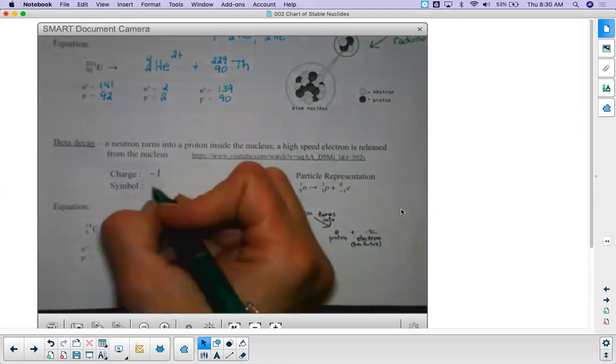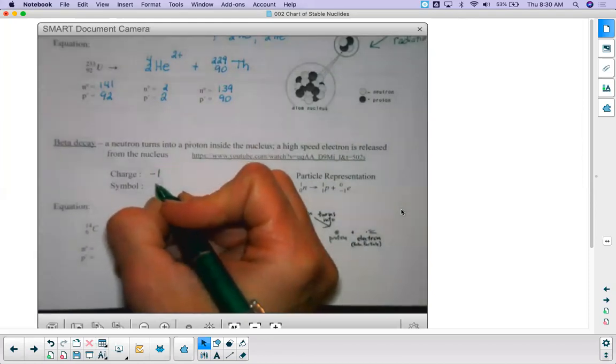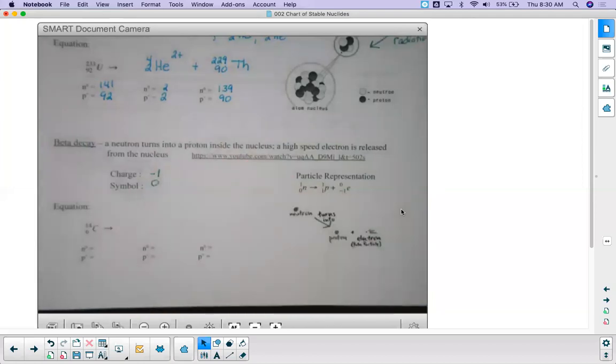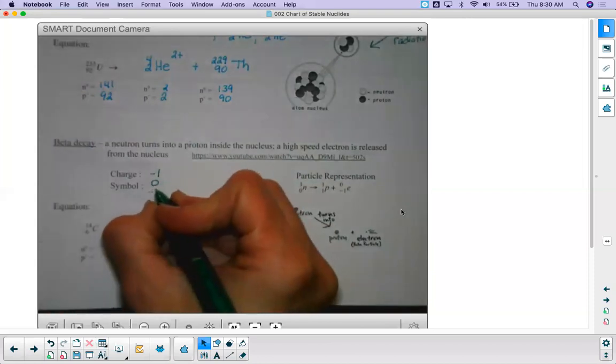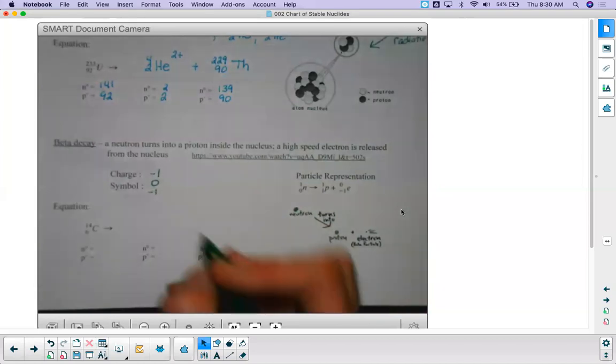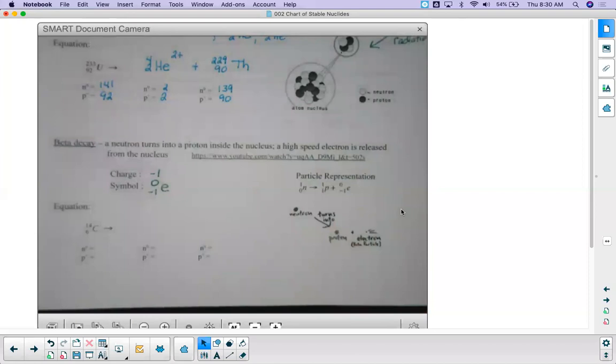The symbol for this is going to require us assigning some symbols to our subatomic particles. For the electron, it has no mass, so it has a mass number of 0. And it's been assigned the atomic number of -1, because you'll notice the electron isn't on the periodic table, it needs an assignment. And it gets a lowercase e to represent that it's a subatomic particle, not an atom.